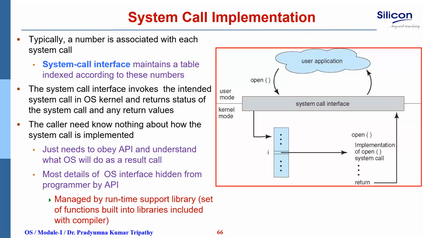The caller need know nothing about how the system call is implemented. The user doesn't know how it is being implemented, which system call is being called, or how it is being returned. This is not known to the user itself.